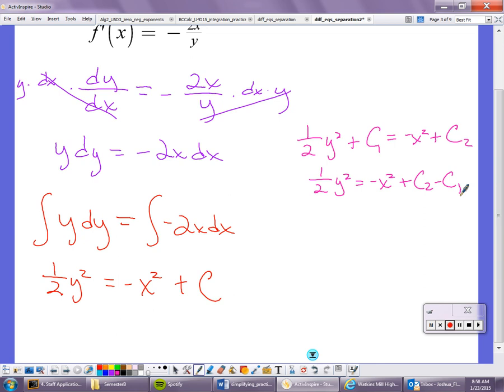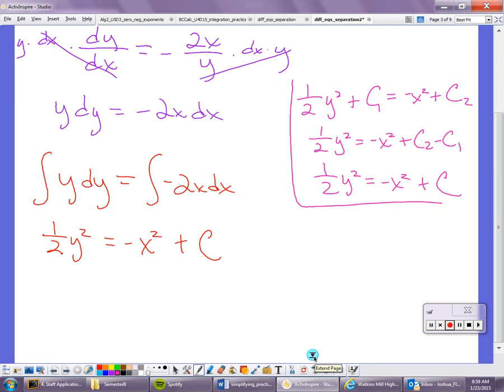Well, it's not like we know what those numbers are. They're just random constants. So we could just combine those into one. Why write two constants when we can just write one? We'll just call that c. And so we end up with the same thing. Just bracket that for now, in case you were confused.